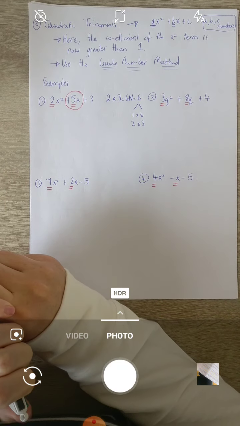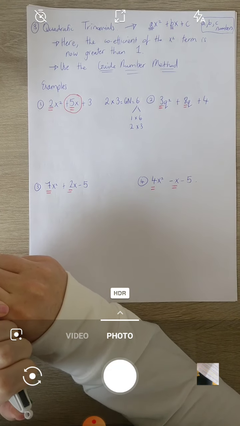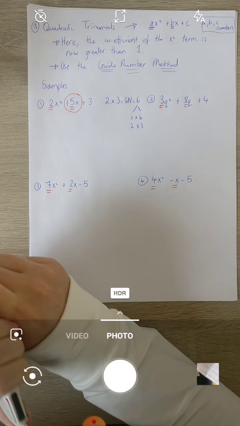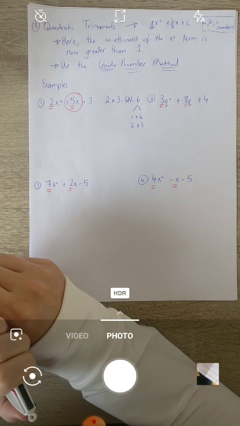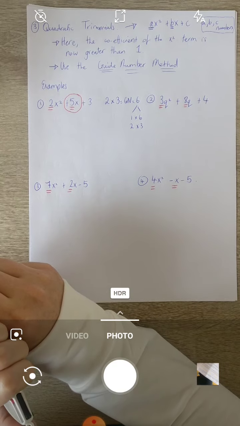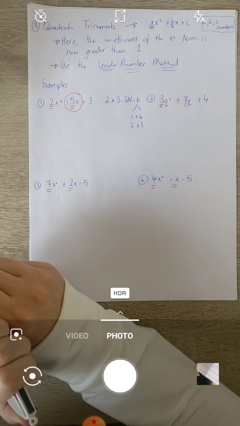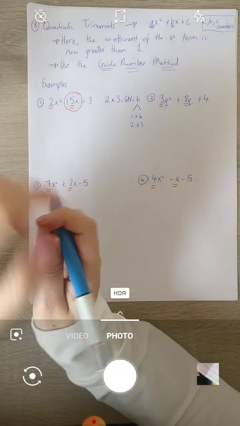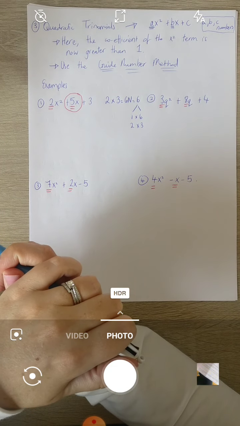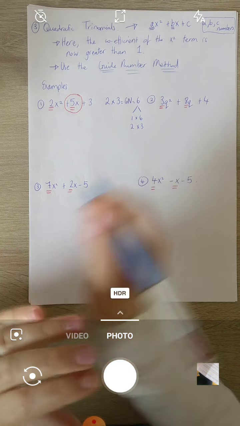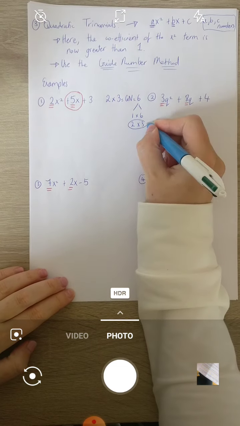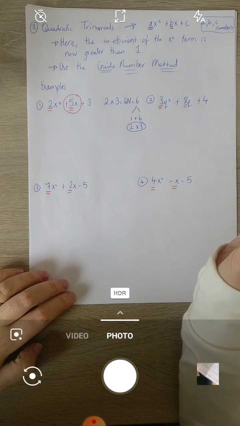Now in this example, it actually ends up that you could use 1 and 6 or 2 and 3. But if you try to use 1 and 6, you'll end up with a negative because 6 minus 1 is 5. And because there's no negatives in this question at all, I'm going to just go straight and use the 2 and the 3, because 2x plus 3x gives us 5x.